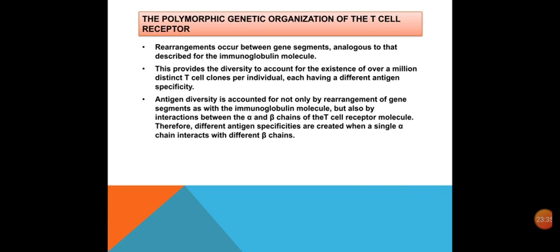Antigen diversity is accounted for not only by rearrangement of gene segments as with the immunoglobulin molecule, but also by interactions between alpha and beta chains of the T cell receptor molecule. Therefore, different antigen specificities are created when a single alpha chain interacts with different beta chains.